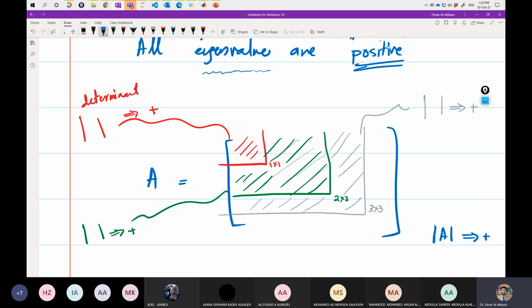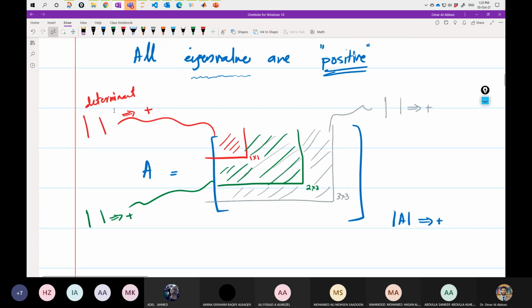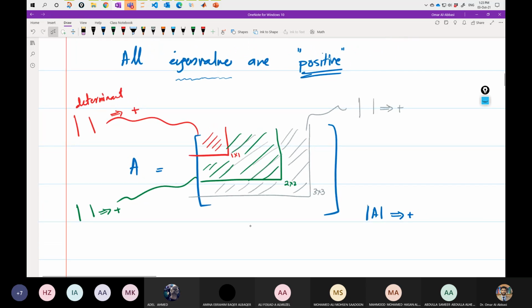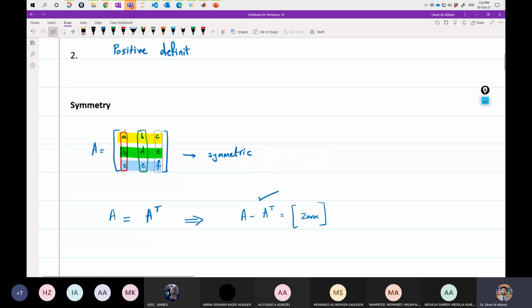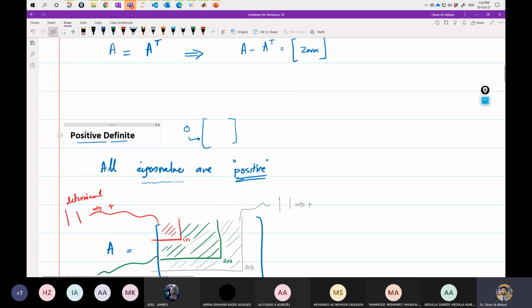What do we conclude? We conclude that the matrix is positive definite. Exactly. All right. Matrix A is positive definite. Okay. That is done. Now, if matrix A fails in one of these conditions, let's say whether it was the symmetry or the positive definite test, we need to do 2 tests, right?